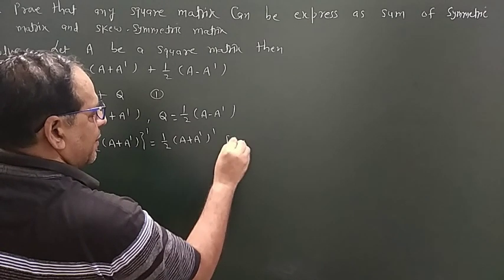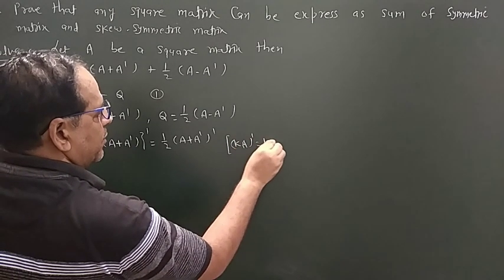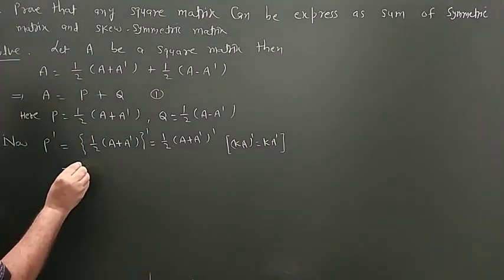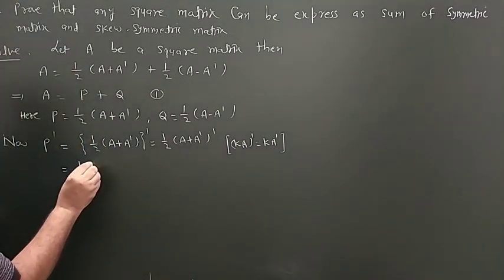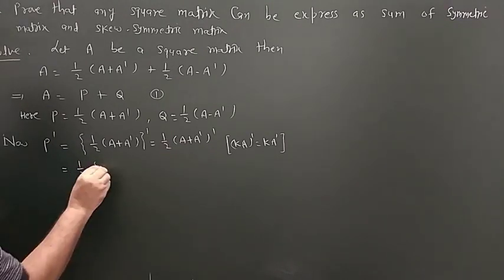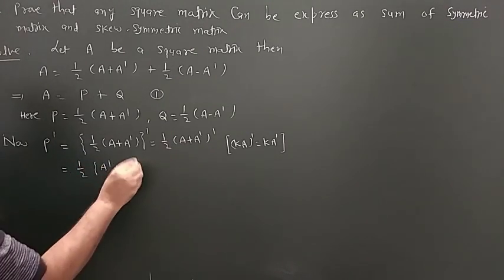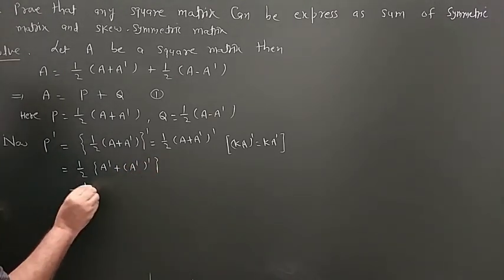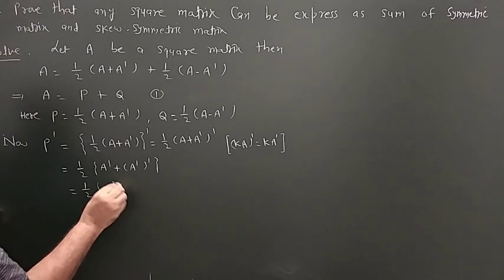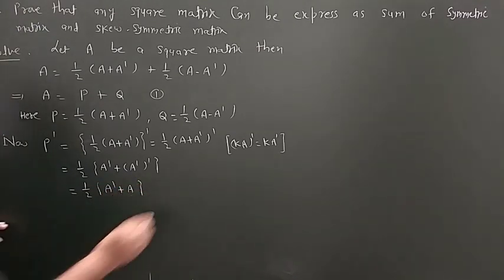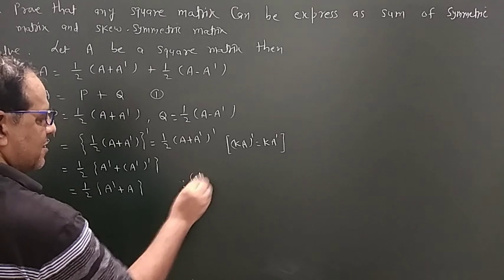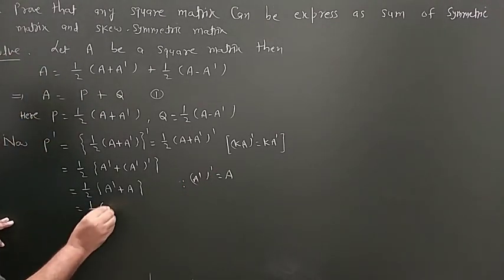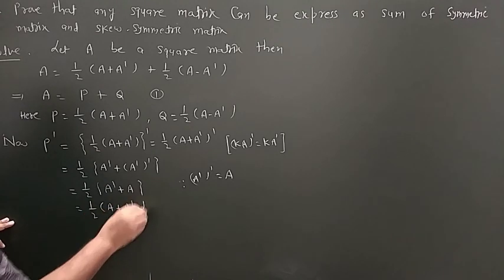Because k A transpose equals k A dash, this equals 1 upon 2. Now this can be opened, A dash plus A dash dash. Finally we have 1 upon 2 A dash plus A, because A dash dash equals A, which equals 1 upon 2 A plus A dash.